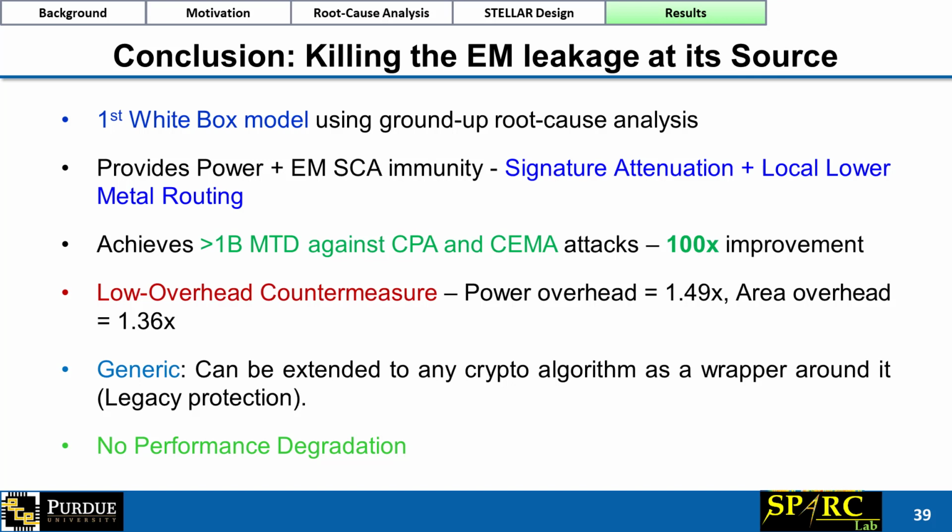It achieves an MTD of greater than 1 billion for both power and electromagnetic attacks, which is a 100x improvement over the previous works with comparable area and power overheads. It is also generic and can be extended to any crypto algorithm as a wrapper around it without any performance degradation.